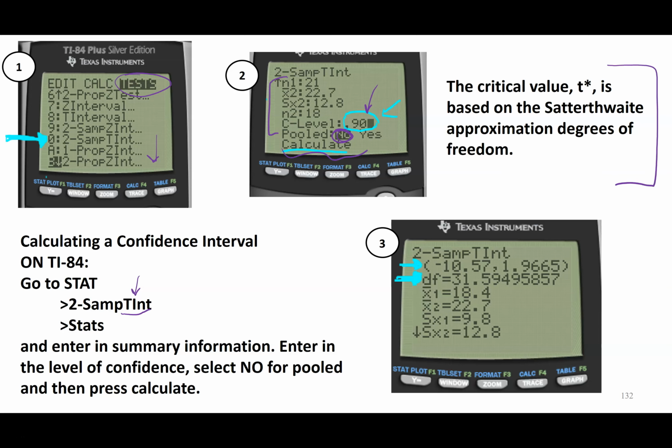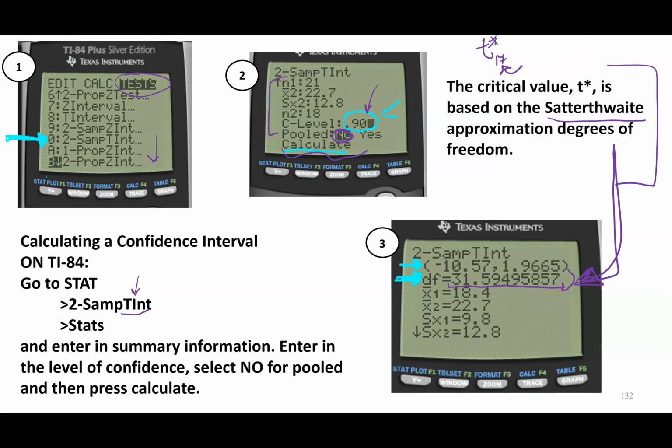Note that we used a t-star with 17 degrees of freedom. That was our conservative degrees of freedom. In the calculator or in software, it uses something called Satterthwaite degrees of freedom. You'll note it's really gross looking. The degrees of freedom are 31.59, not a whole number.